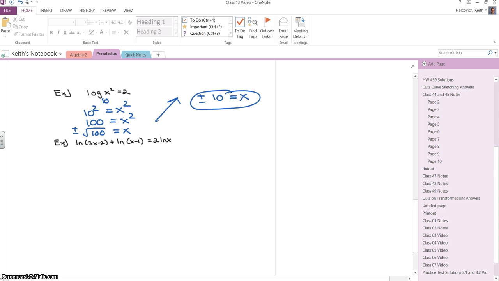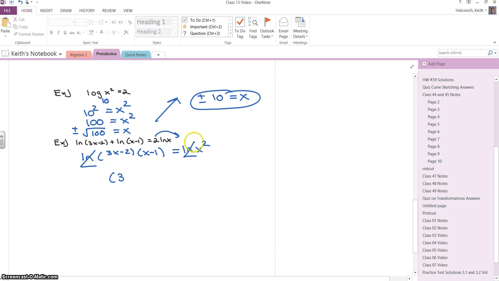The next one, you combine the ln by multiplying. And that's equal to, and notice we'll roll the 2 to the front, so ln of x squared. Then notice there's an ln on both sides, so we'll cancel this out.